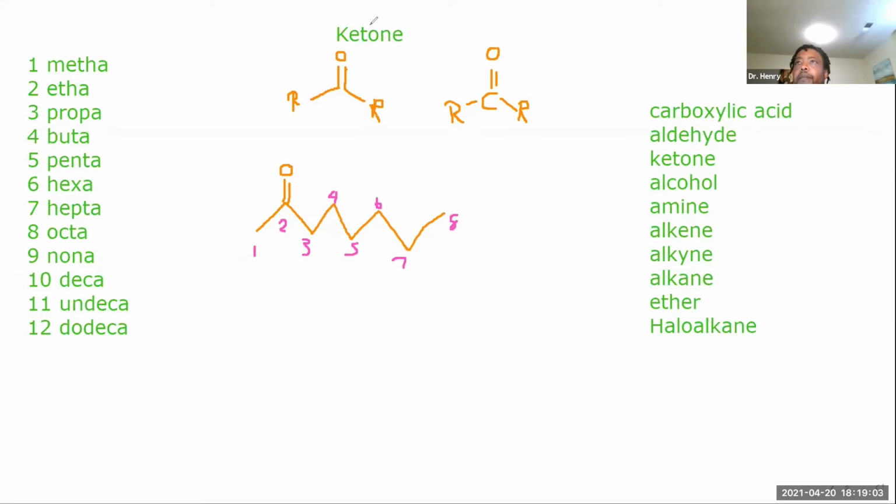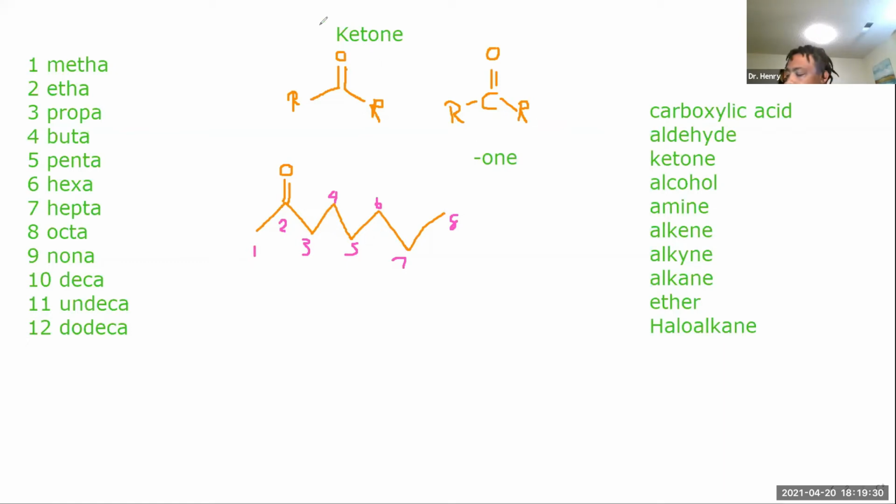The suffix for ketones is O-N-E. So in this case, it's 1, 2, 3, 4, 5, 6, 7, 8.